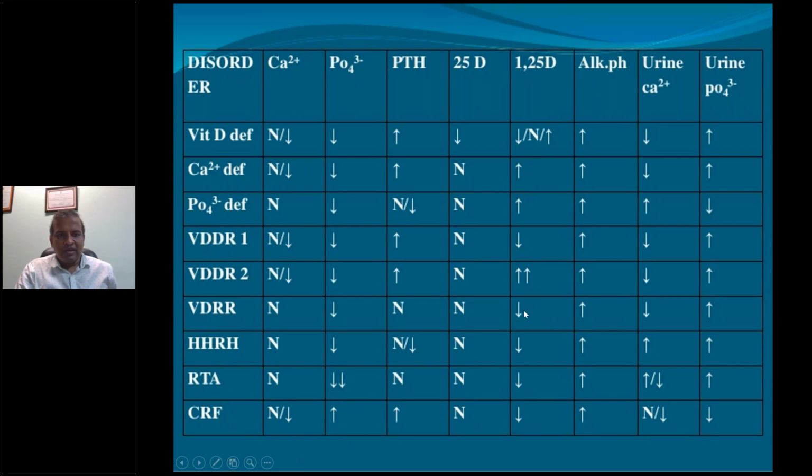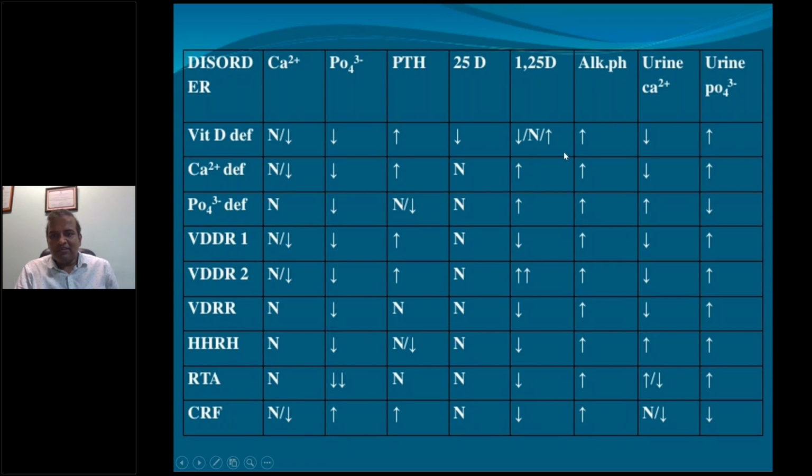Whereas in VDRR or renal related, CRF related, it will be reduced because these are kidney diseases or kidney receptor defects or kidney enzyme defects. Vitamin D hydroxylation happens in the kidney, so in kidney related disease, 1,25 vitamin D will be reduced. Otherwise, it will be normal or increased secondarily.